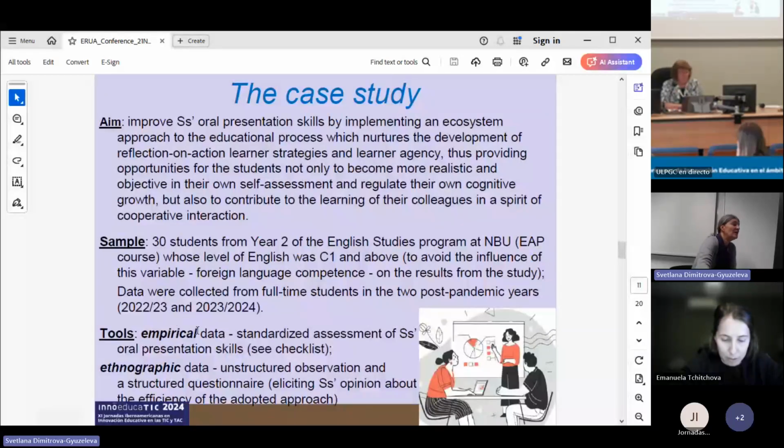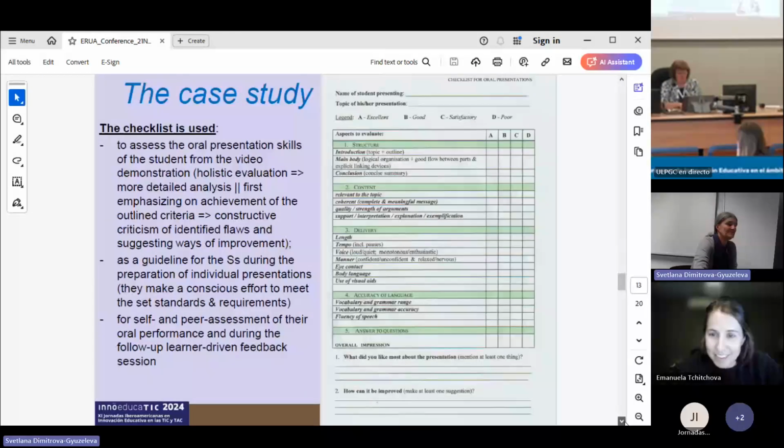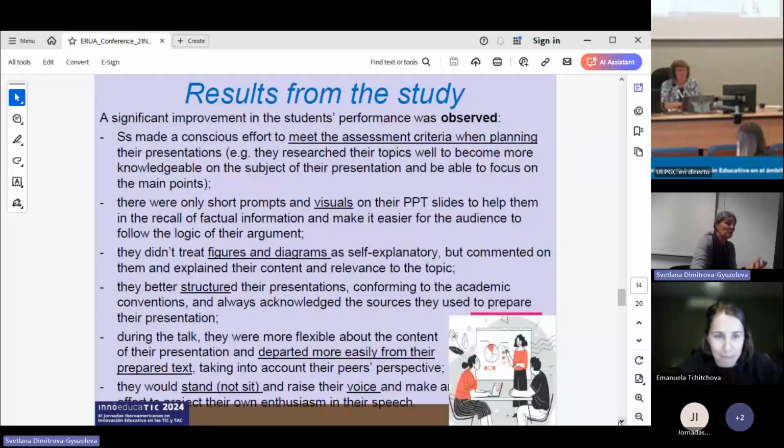And I used both qualitative and quantitative tools to collect the data so that I could triangulate and validate the results. I'll go directly to the results then. Of course, you will be able to read my paper and look at the different aspects of the case study in more detail. As I said, the results themselves, very, very briefly.